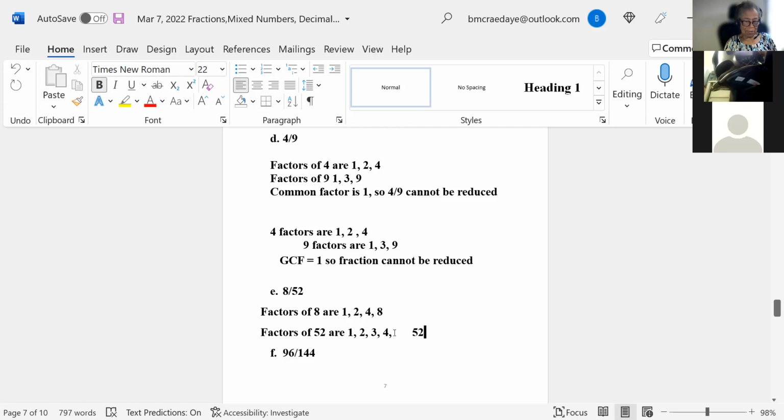Anything else? Or 5? 5 won't go into 52 without a remainder. Remember. No, 6. Does 6 go into 52? No. Not 7. Not 8. Not 9. You've got 52. Anything else? Let me see. 5. No.